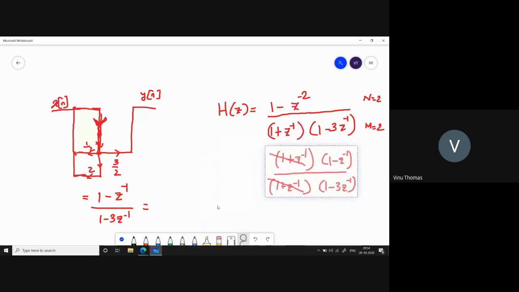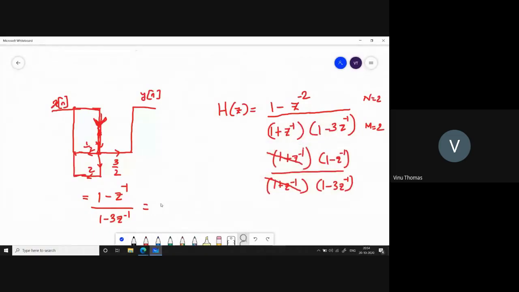Which again you can write as 1 plus 2 z raised to minus 1 by 1 minus 3 z raised to minus 1. Is it clear?